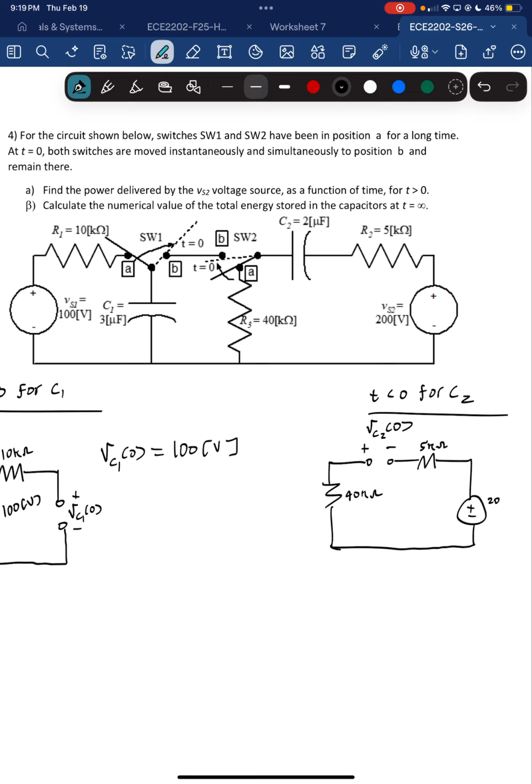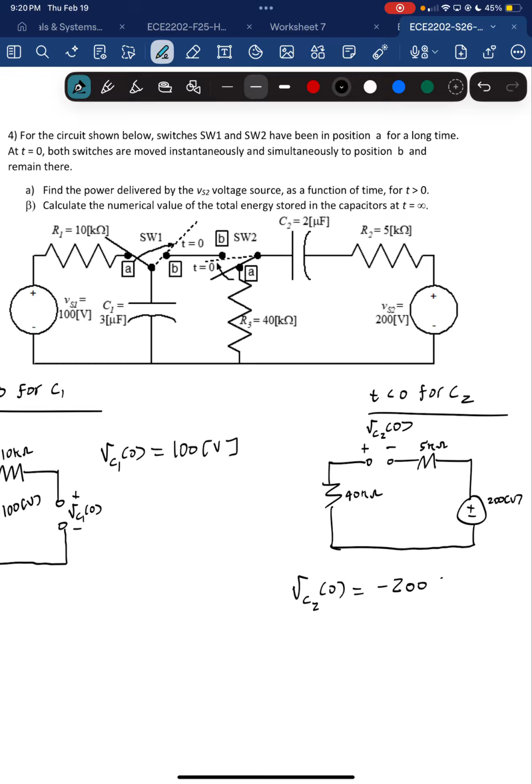Now, what is the voltage VC2 of 0? Yeah. Negative 200.